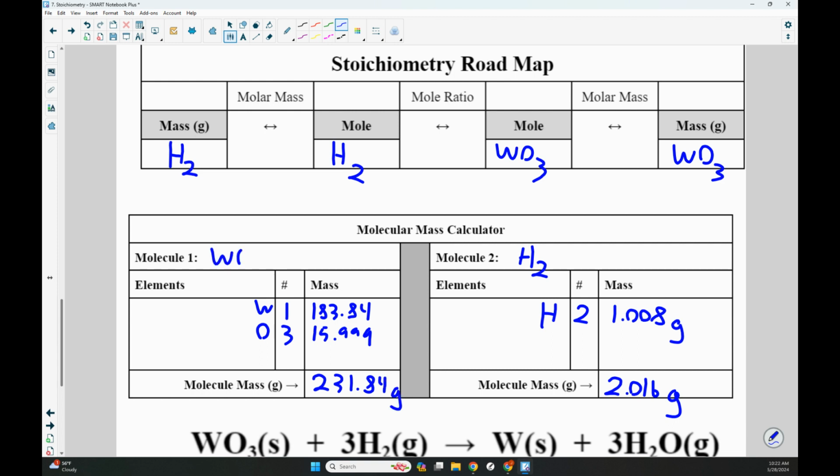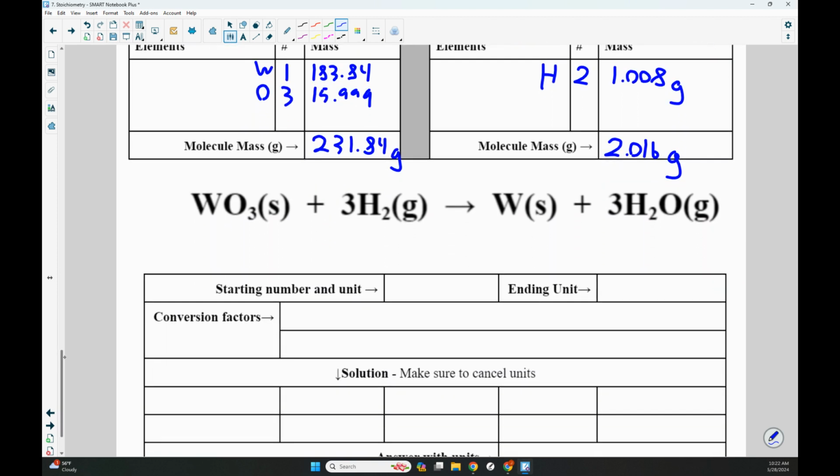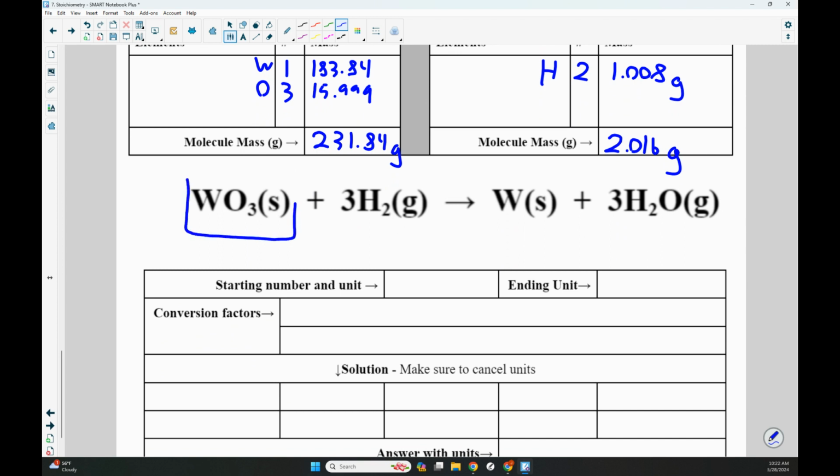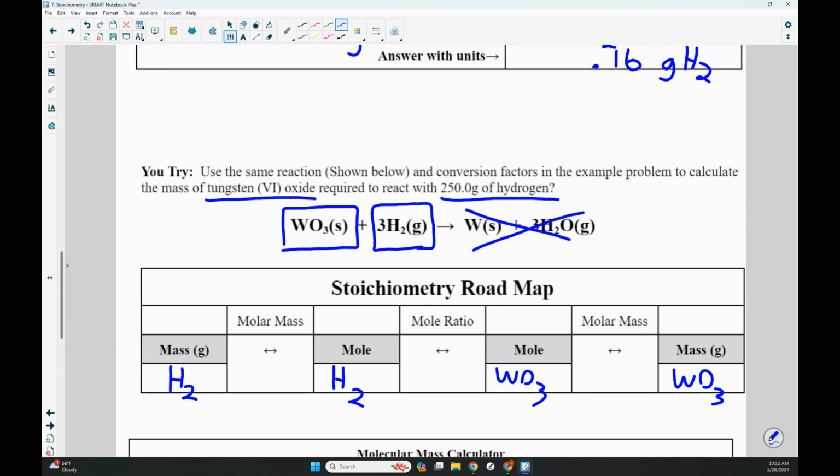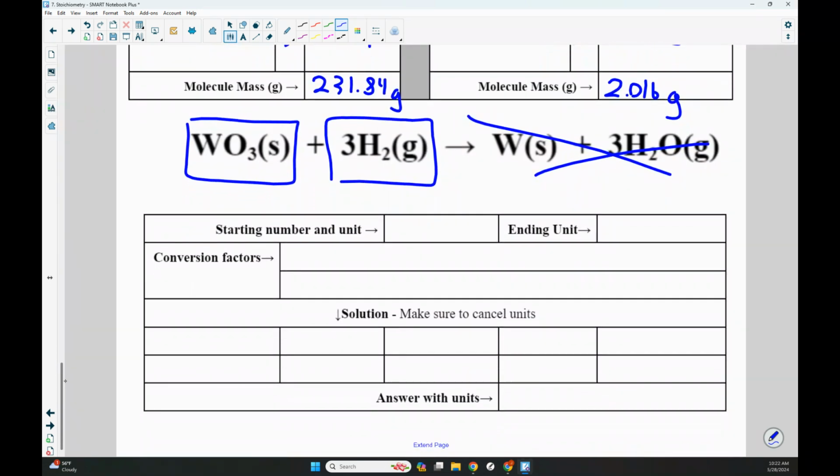Okay, we're going to use those for conversion factors as we move on. So remember, we're interested in these portions. We can ignore the products for this particular question. Our starting number was 250 grams of hydrogen, and we're trying to figure out how many grams of tungsten oxide would react with that.